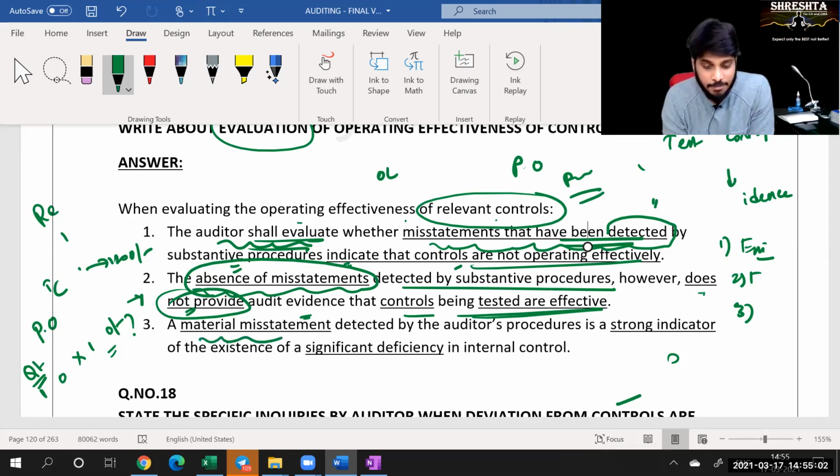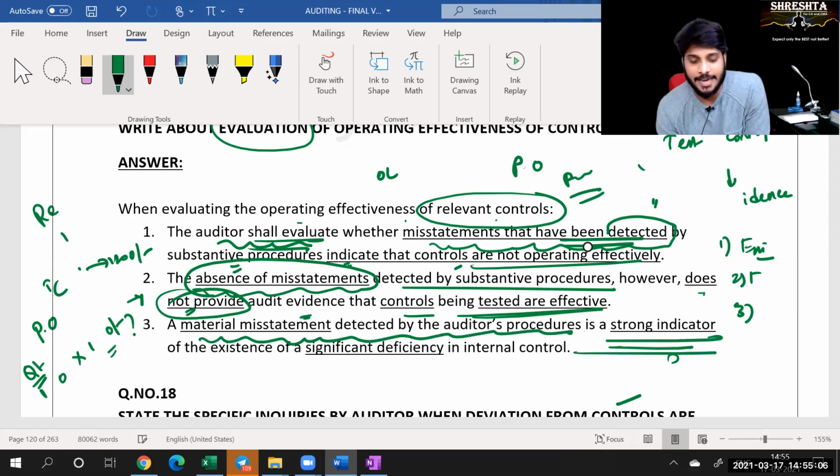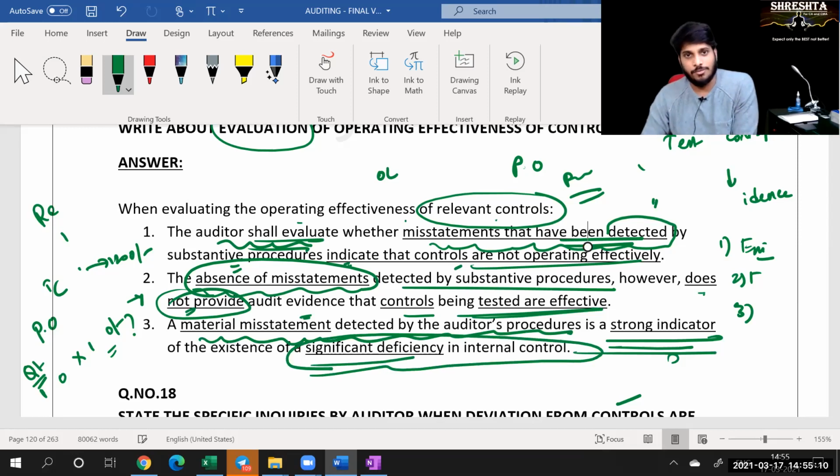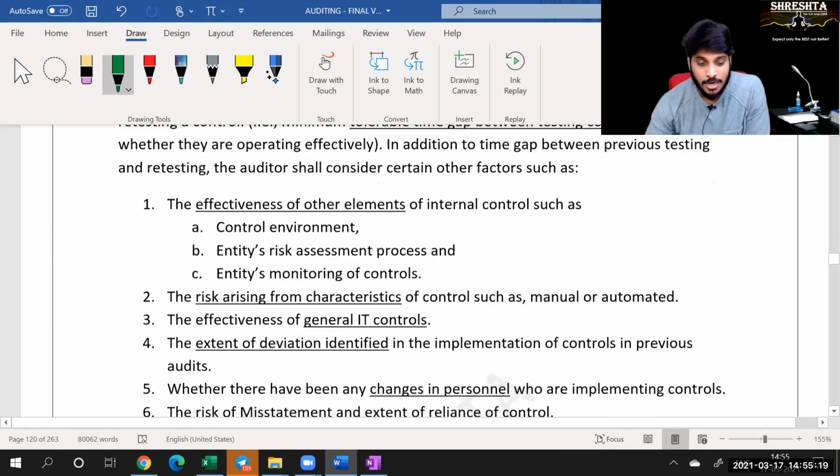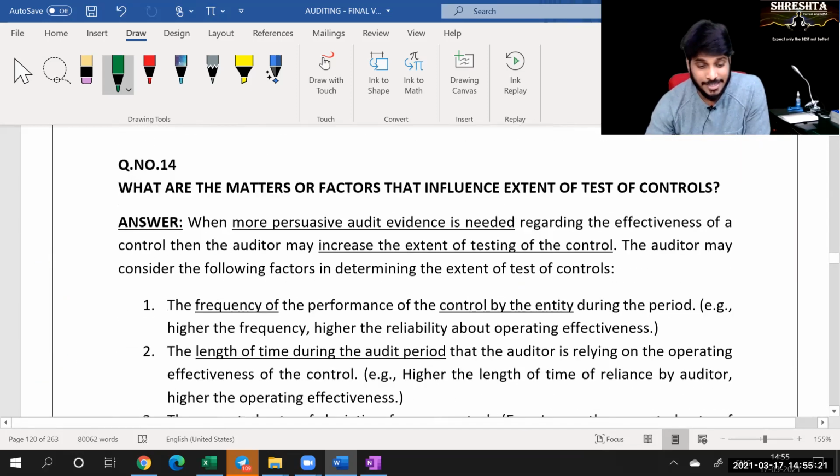A material misstatement detected by audit procedure is a strong indicator there is a significant deficiency in the internal control. So that's about evaluation of internal control. Now, once again, I'll repeat yesterday's 3 questions.